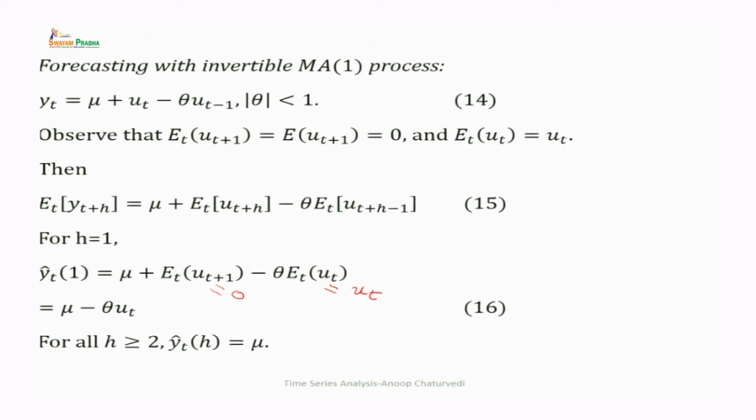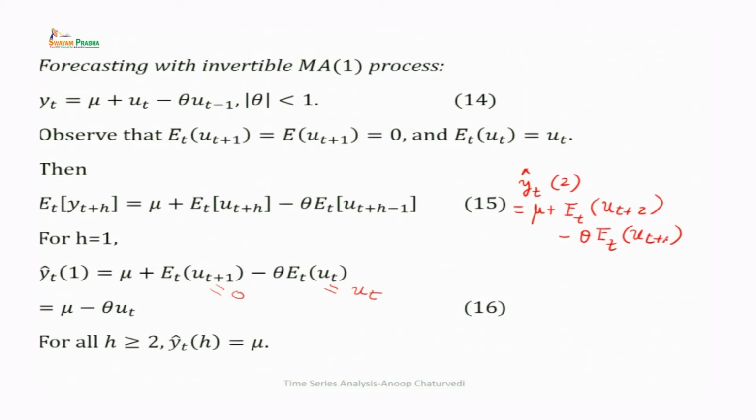For example, if you take h equal to 2, then y hat t 2 is equal to mu plus E_t of u_{t+2} minus theta E_t of u_{t+1}.